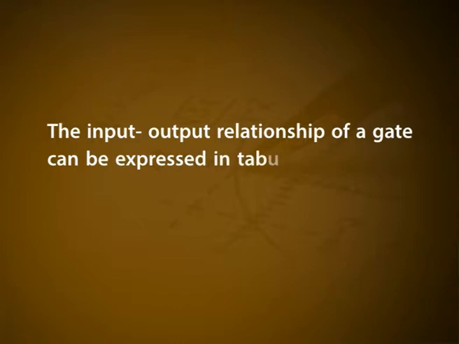Each gate has a distinct logic symbol and its operation is described with the help of an algebraic expression. The input-output relationship of a gate can be expressed in tabular form called truth table. The various logic gates are AND gate, OR gate and NOT gate.